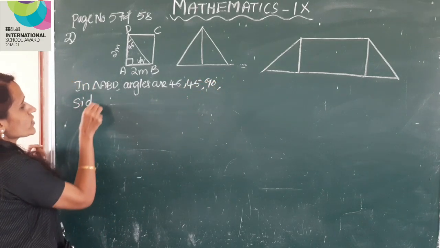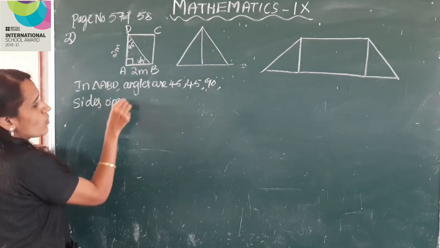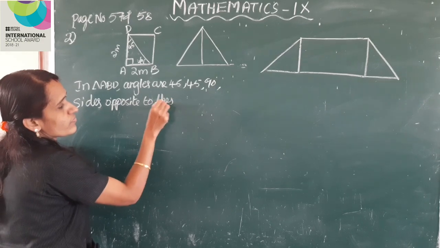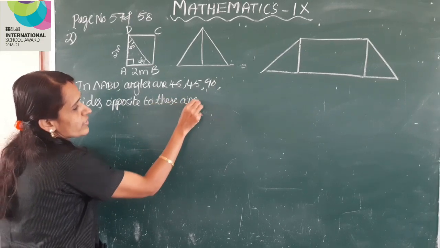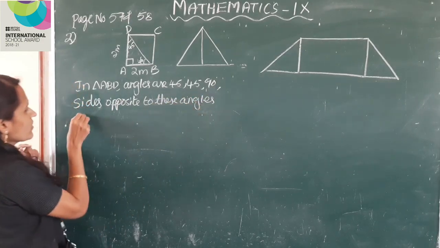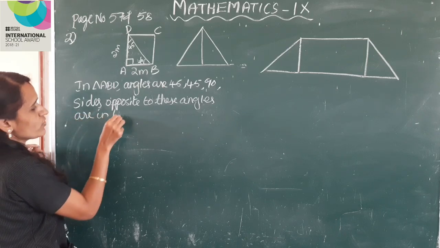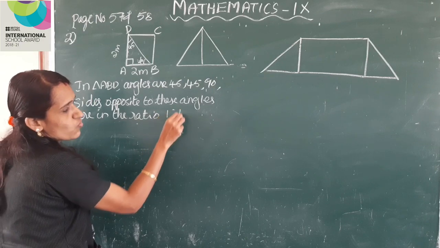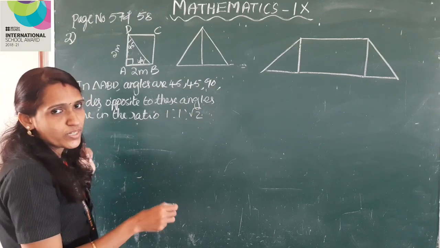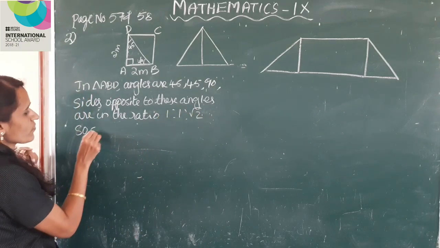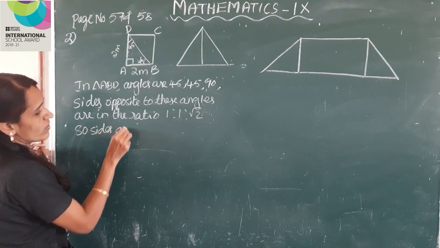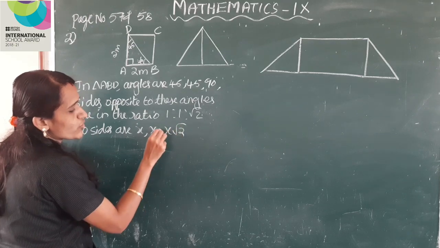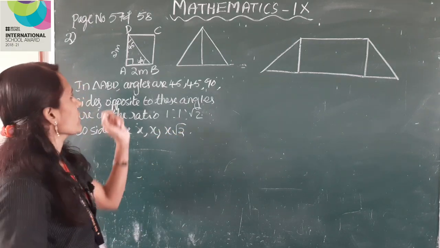Sides opposite to these angles are in the ratio 1 is to 1 is to root 2, right? So, sides are x, x, x root 2.